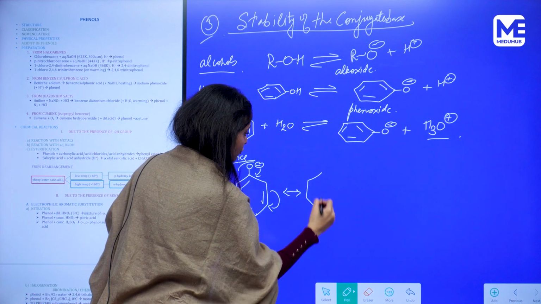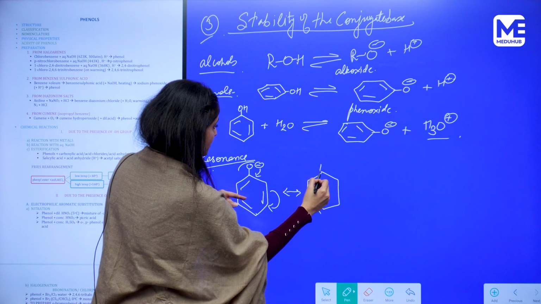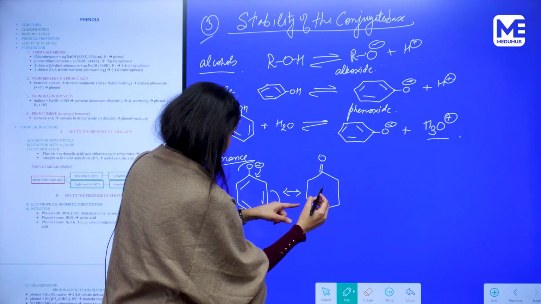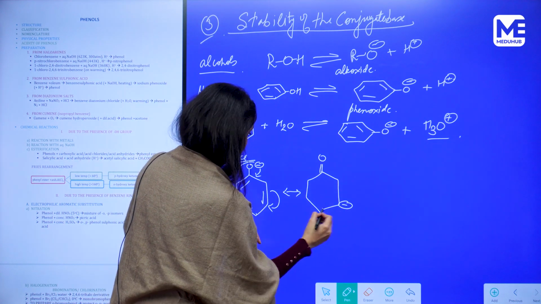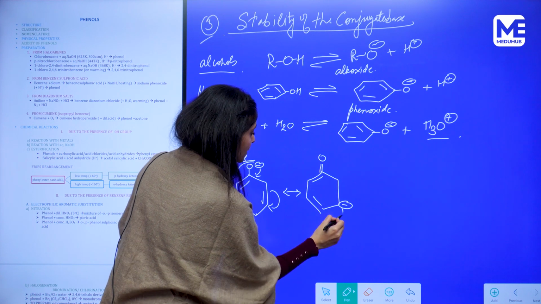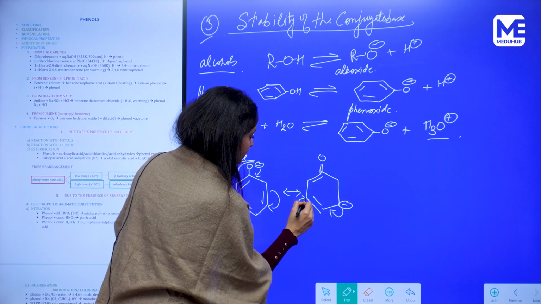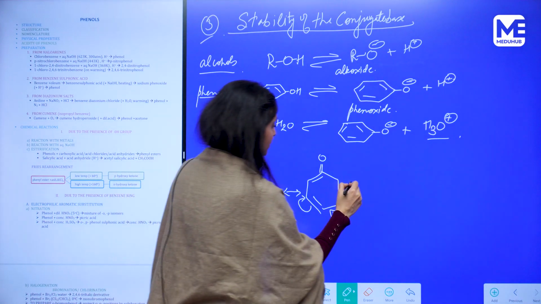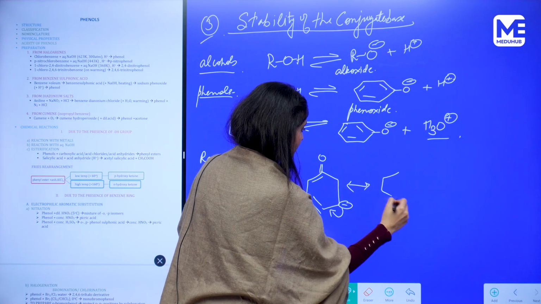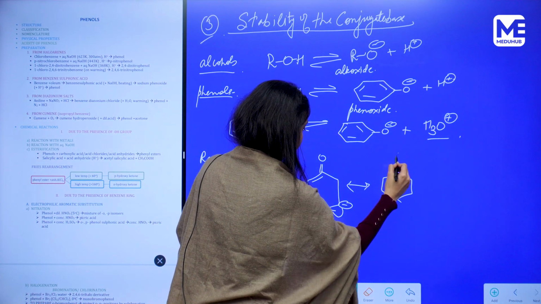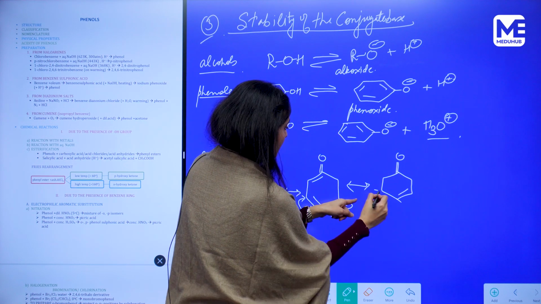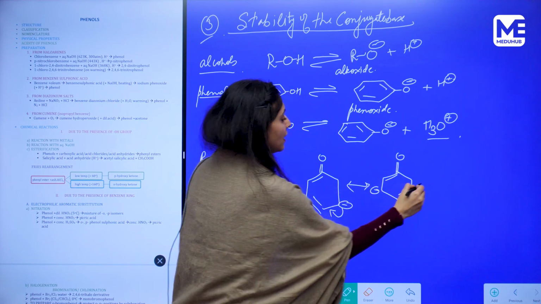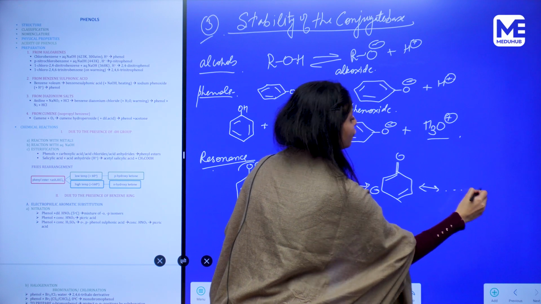The next structure can be drawn like this, double bond here, negative charge here. Now this moves here, negative charge goes to this carbon, double bond here, negative here, and so on and so forth.